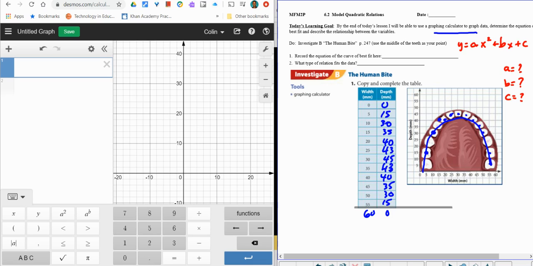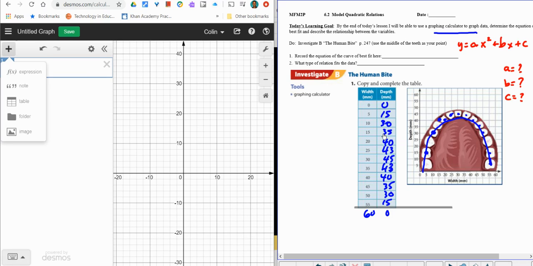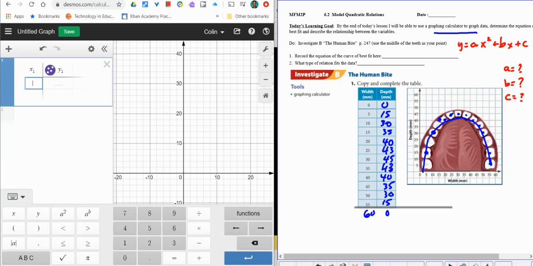Okay, so the thing that you're going to have to do is take this table and get it into a graph. So here's what you do. We press this plus sign, we go down the table, and now we have an x and a y, just like we have over here.